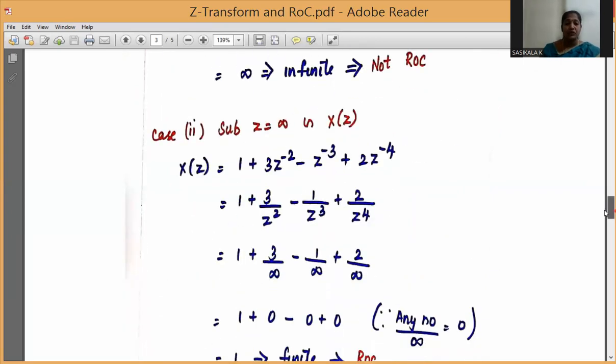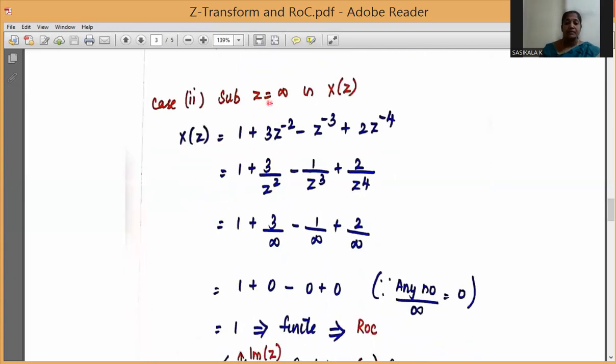Now you have to substitute z is equal to infinity in capital X of z. Already we have found this in the Z transform. Using this Z transform formula, we have found X of z. Now you have to write 1 plus 3 z power minus 2 minus z power minus 3 plus 2 into z power minus 4.